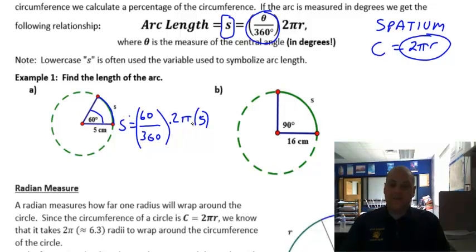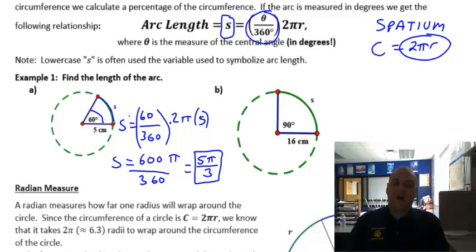So I have 2 times 5, which is 10, and times 60. 60 times 10 is 600. So I have 600 pi over 360, and that reduces down to 5 pi over 3, and that is our arc length.